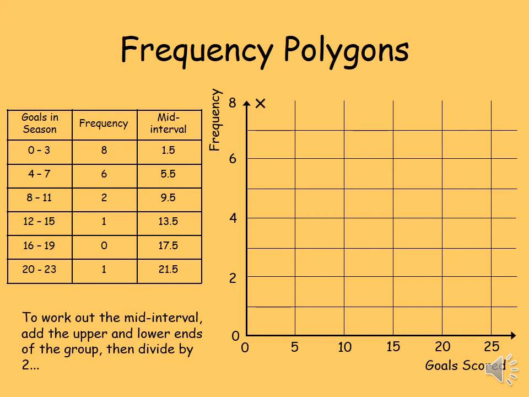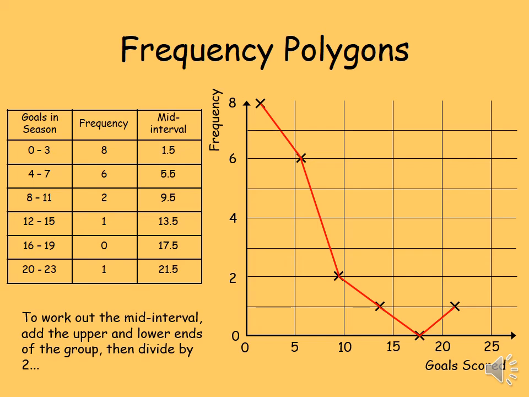So for 8 it was 1.5. And for the next one, which is 6, it was 5.5, and so on. So that is what our polygon looks like.